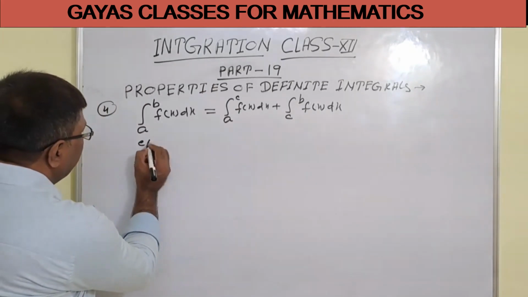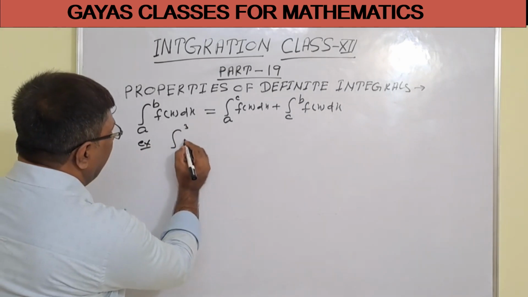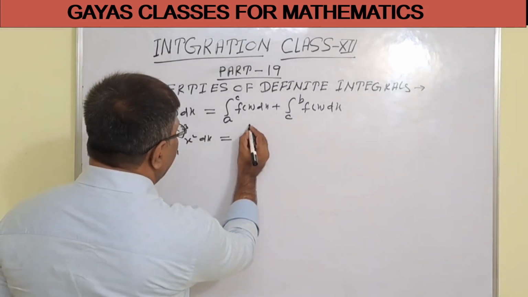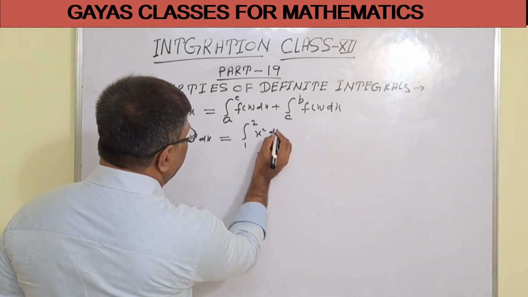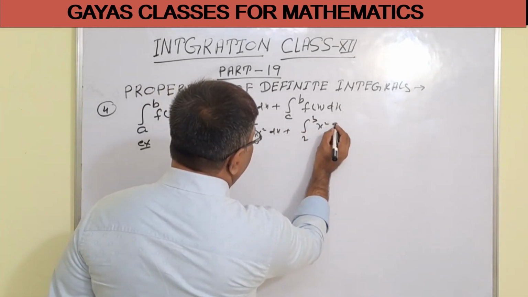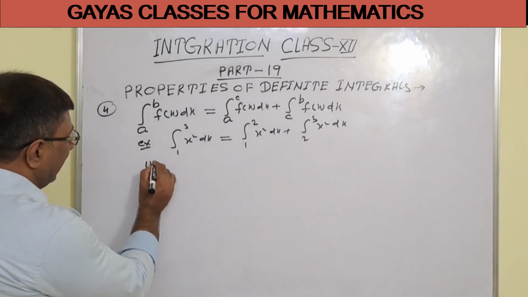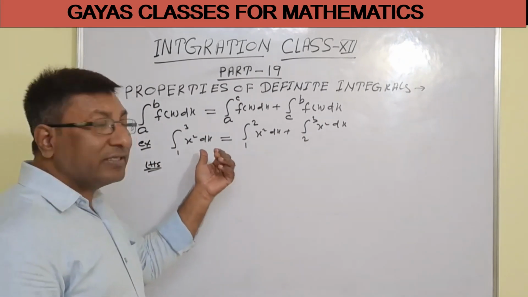Suppose it is given the integration of 1 to 3 of x square dx. Then we can write simply 1 to 2 x square dx plus 2 to 3 x square dx. So when we take the LHS, it is the integration of x square dx.